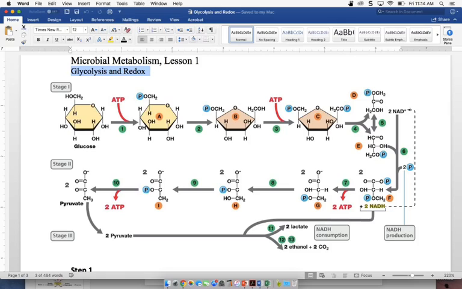I don't remember the names of these anymore at this point. But we're getting 2 ATP at this point because this molecule splits into 2, and everything from here on out is occurring in duplicate. So we're yielding 2 ATP from 2 reactions there, and again over here. And you can bet that the enzyme involved in both of these steps are more kinases.